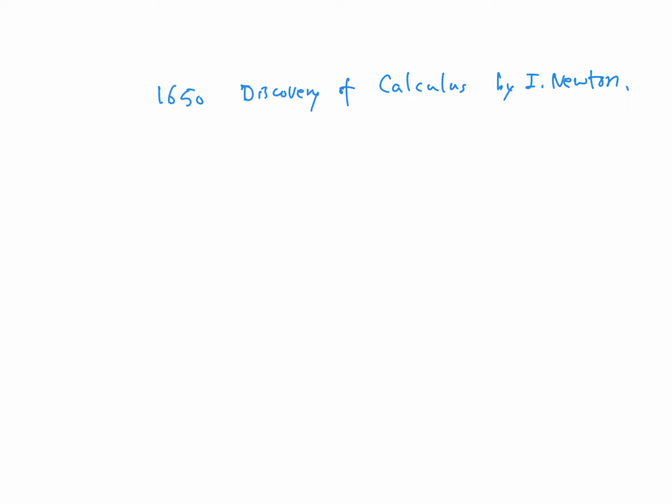So 1650, Isaac Newton discovered calculus. It was about the same time the German mathematician called Leibniz also discovered this, but mostly historians, Newton is known.